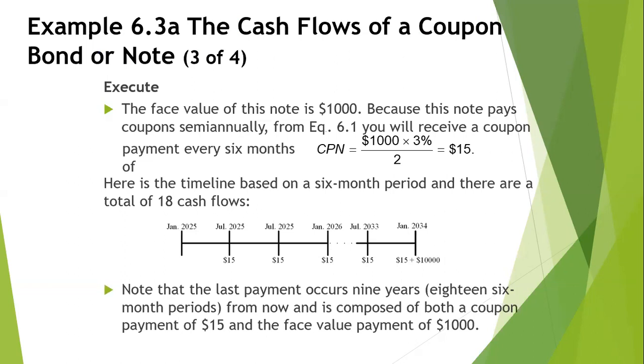Note that the last payment occurs 9 years, that's 18 6-month periods from now, and is composed of both a coupon payment of $15 and the face value payment of $1,000.